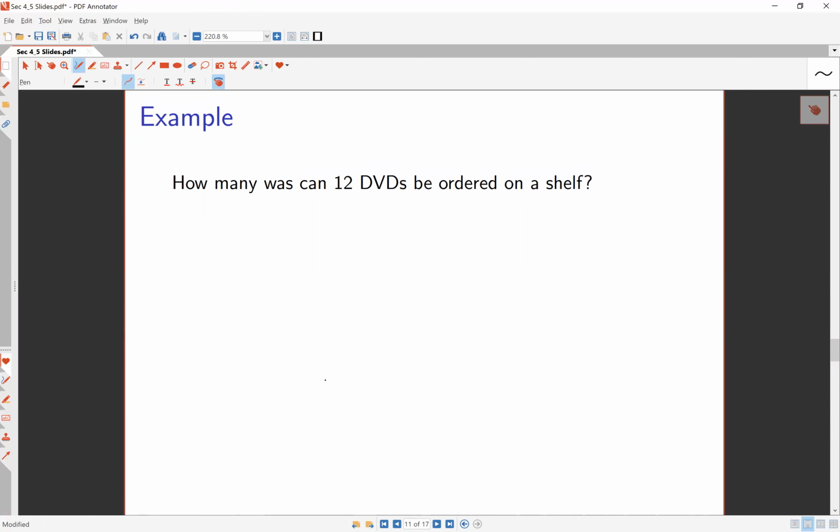Well, if you line them up, first place, second place on your shelf, third place, all the way to the 12th place, there would be 12 choices when you place the first DVD, 11 when you place the next one, 10 when you place the next one, and finally when you have just one left, there's only one placement you can make. This is the same as 12 factorial.